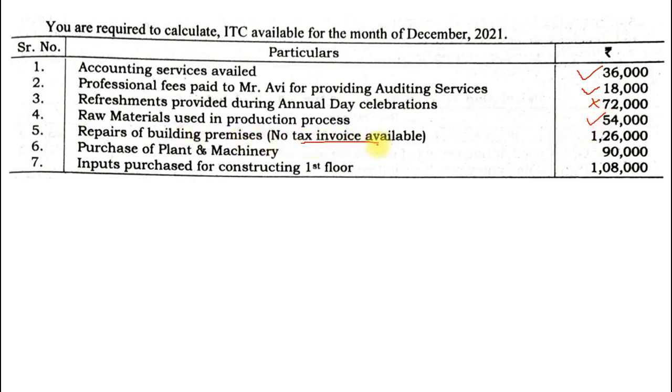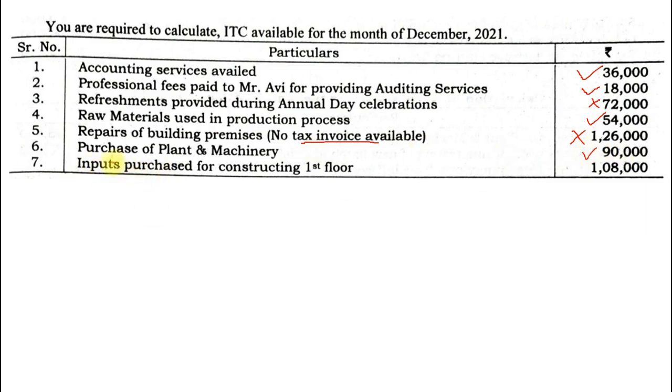Now, remember one rule. If you want to avail ITC, there has to be a proper tax invoice. Without an invoice, ITC cannot be availed. So since there is no invoice available, you cannot avail this part. Purchase of plant and machinery, okay, it's normal plant and machinery. Yes, you're purchasing it, ITC is available.